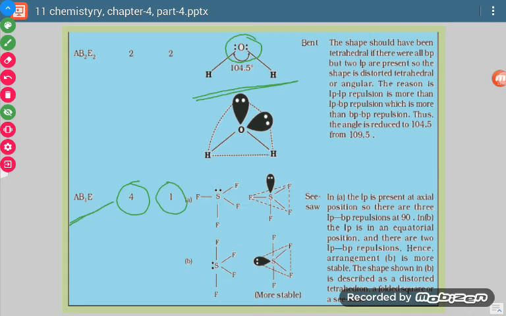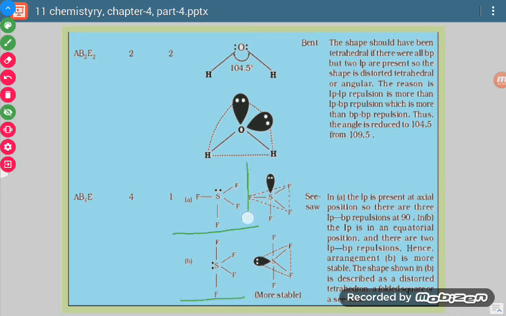In case of SF4, there are 6 electrons around sulfur. 4 fluorine atoms are present, so 4 of its electrons will be used in making bond pairs and 1 lone pair will be there. Now if we arrange in 2 different ways, we will compare first and then say which structure is to be preferred. Now see, we have written in 2 ways.